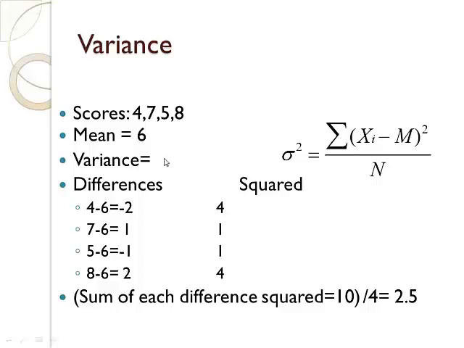So to calculate the variance, we would first find the differences of each individual data point from the mean. So 4 minus the mean of 6 gives us -2. 7 minus 6 equals 1. Difference between 5 and 6 would be here. 5 minus 6 would be -1. And then 8 minus 6 is 2.